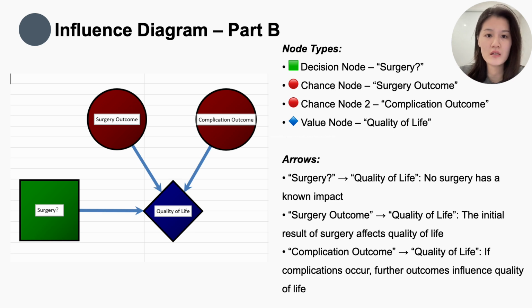If complications occur, the second chance node determines whether the patient recovers, becomes disabled, or dies after treatment. These two levels of uncertainty together influence the final value, the patient's quality of life.